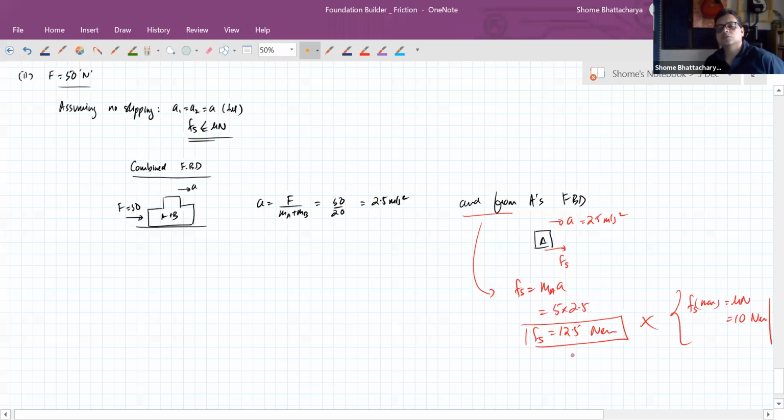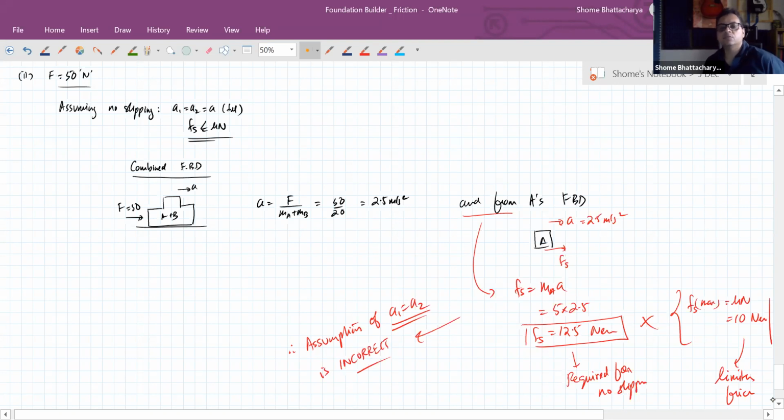Okay, so the friction required for no slipping is becoming greater than the limiting friction available. So that means my assumption is wrong. Therefore, the assumption of A1 equal to A2 is incorrect.